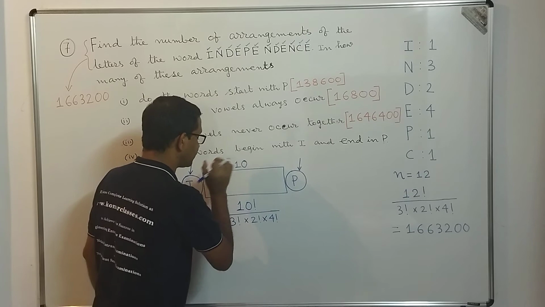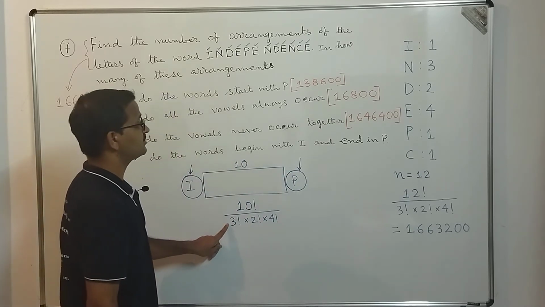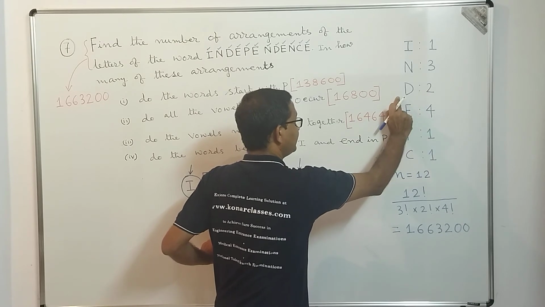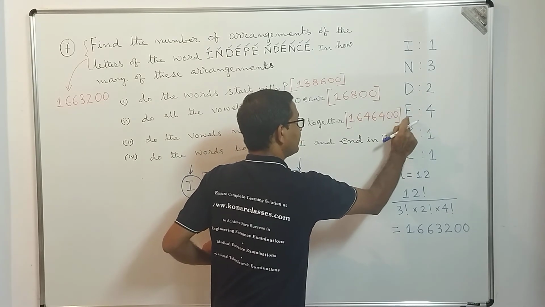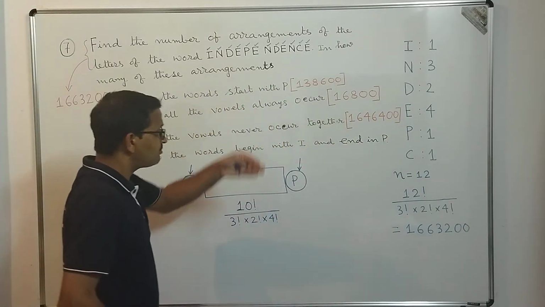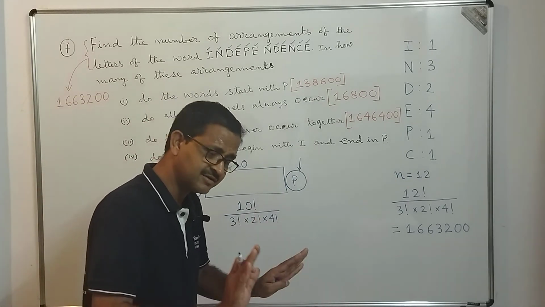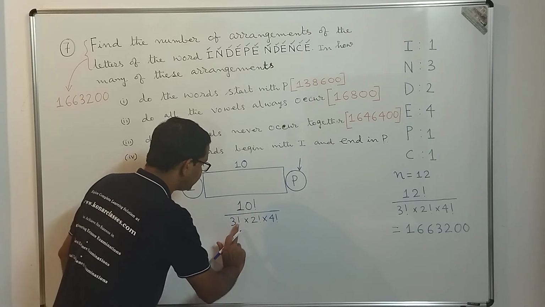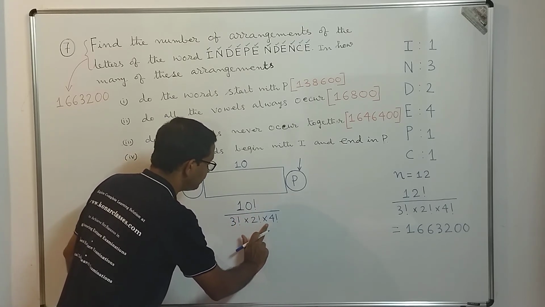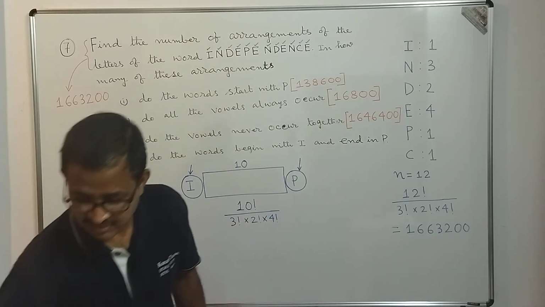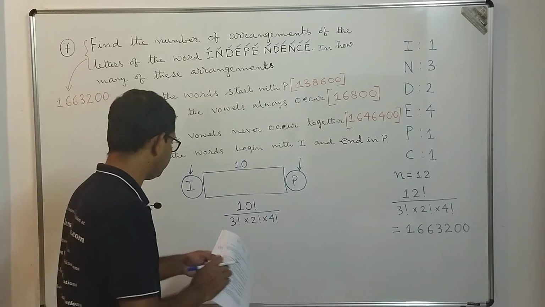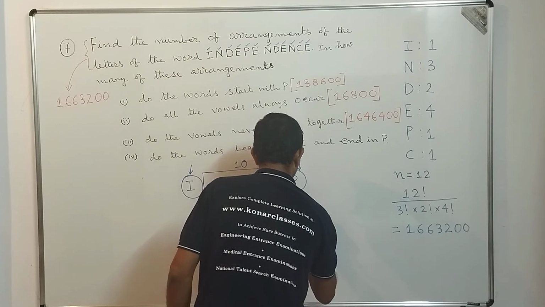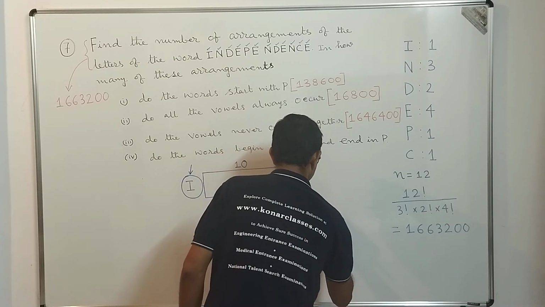Among these 10 objects there are 3 objects of one kind, that is N, 2 objects of another kind, that is D, and 4 objects of another kind, that is E, and the rest are distinct. Then the possible number of arrangements is 10 factorial divided by 3 factorial into 2 factorial into 4 factorial, and the number comes as 12,600.